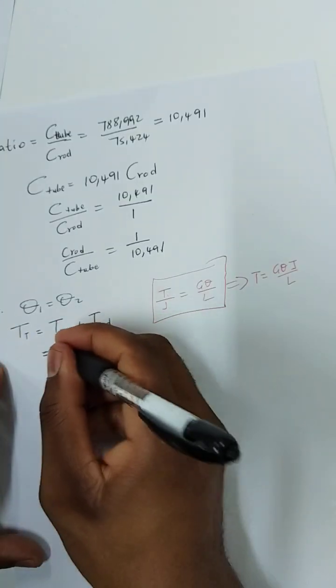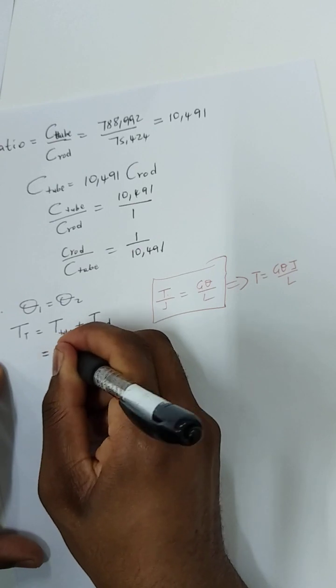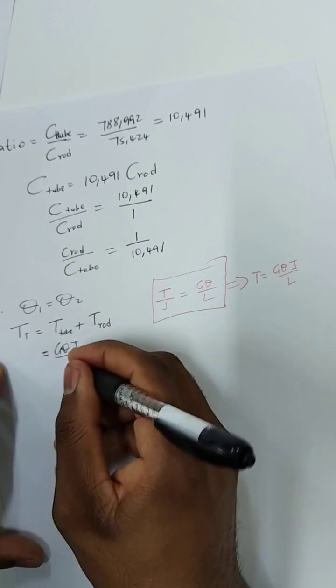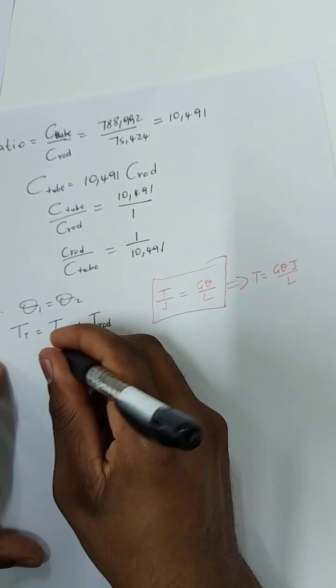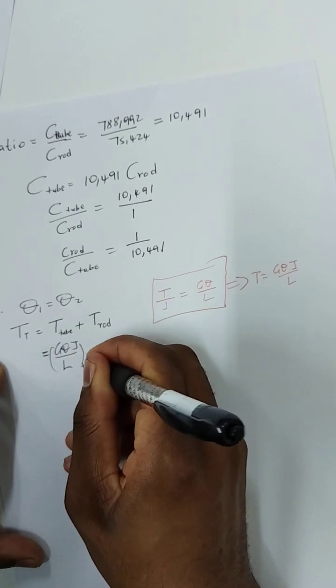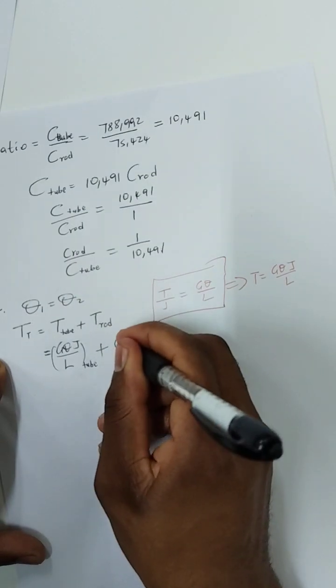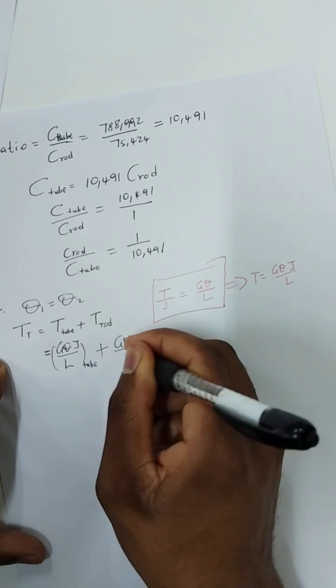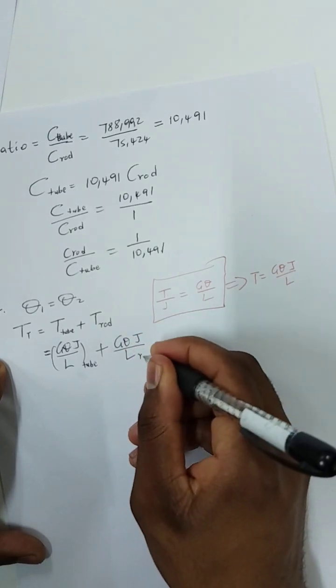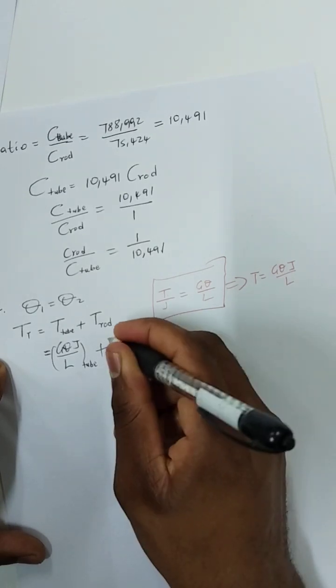Then you will have G theta J over L for the tube, using the data for the tube, plus G theta J over L for the rod, using the data for the rod.